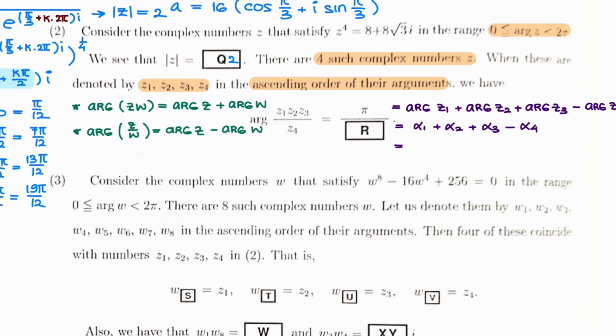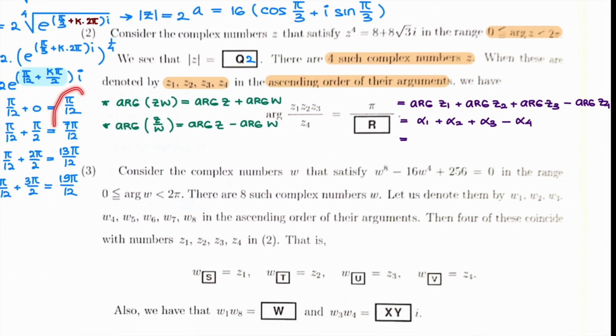Since I already know alpha 1 is pi over 12 and so on, I can substitute these values into my equation. So my final answer is pi over 12 plus 7 pi over 12 plus 13 pi over 12 minus 19 pi over 12.